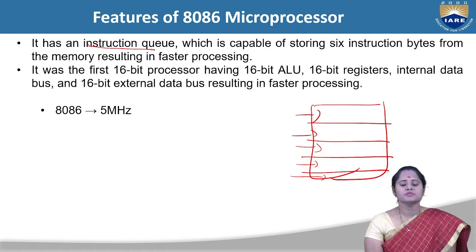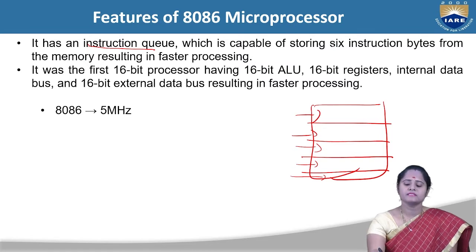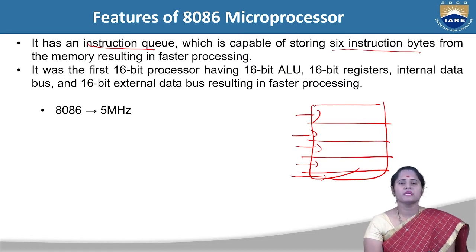Here our instruction queue is capable of storing 6 bytes, 6 instruction bytes, which makes our processing faster.